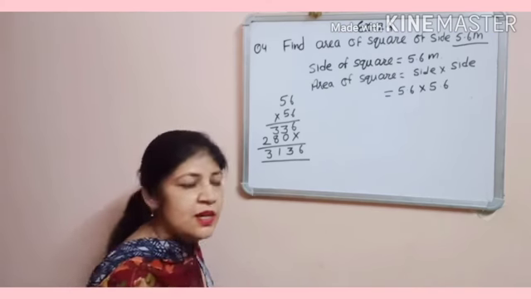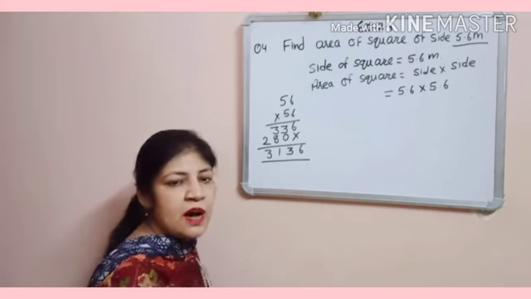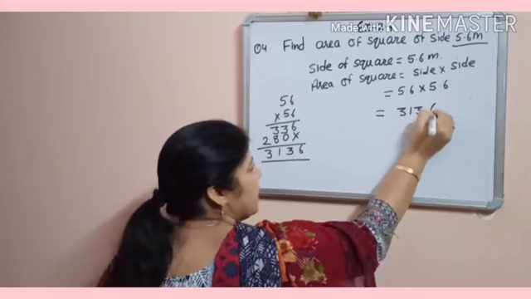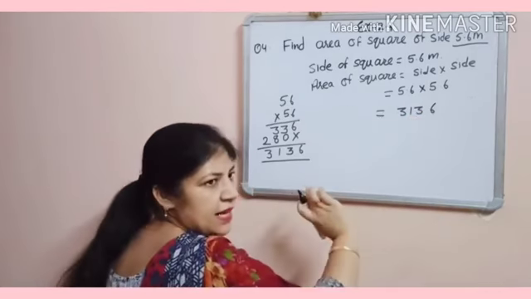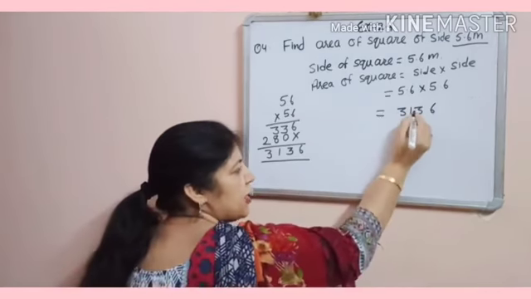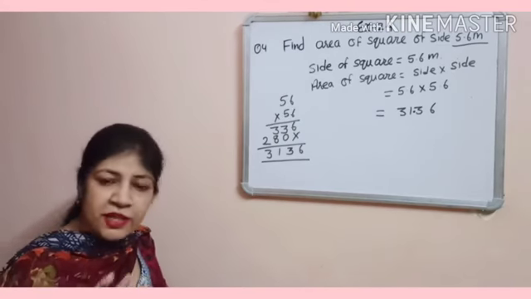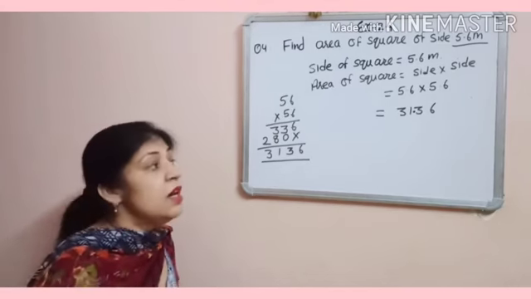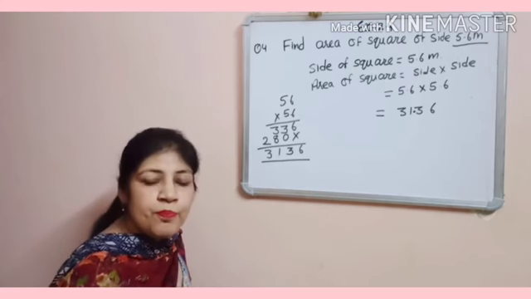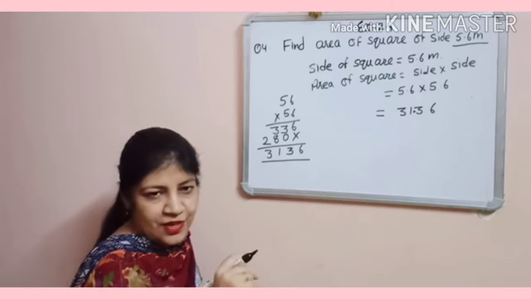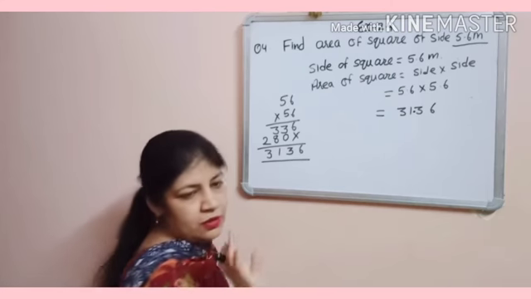So in the answer the decimal will be after 2 digits, and 2 digits from the back. Always consider from the back side. So it will be 31.36. Now the unit. Some students write meter. No.